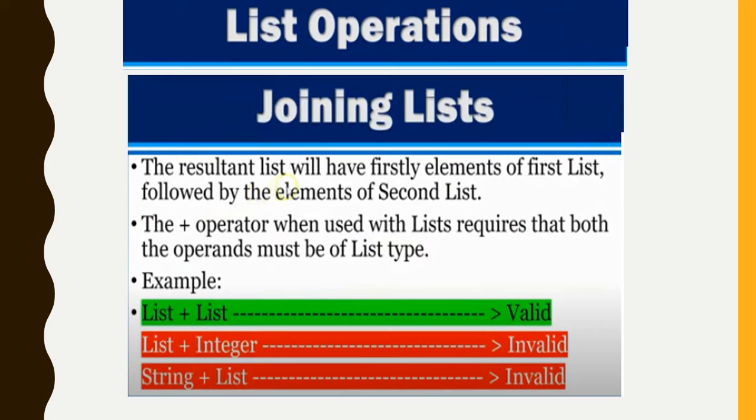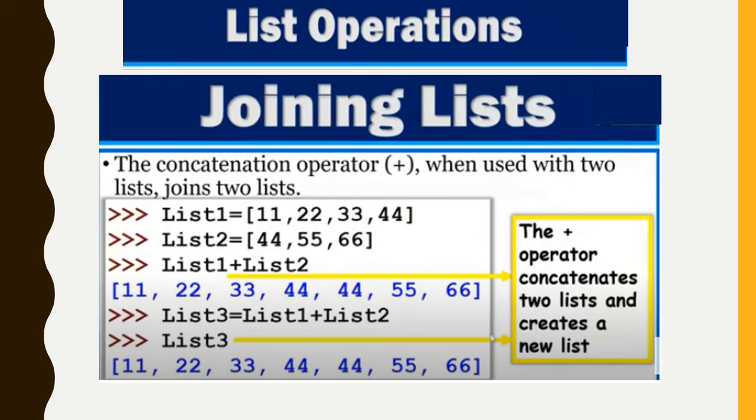The plus operator, when used with lists, requires that both operands must be of list type. In case of strings, both must be of string type. List plus list is valid, list plus integer is invalid, string plus list is also invalid.